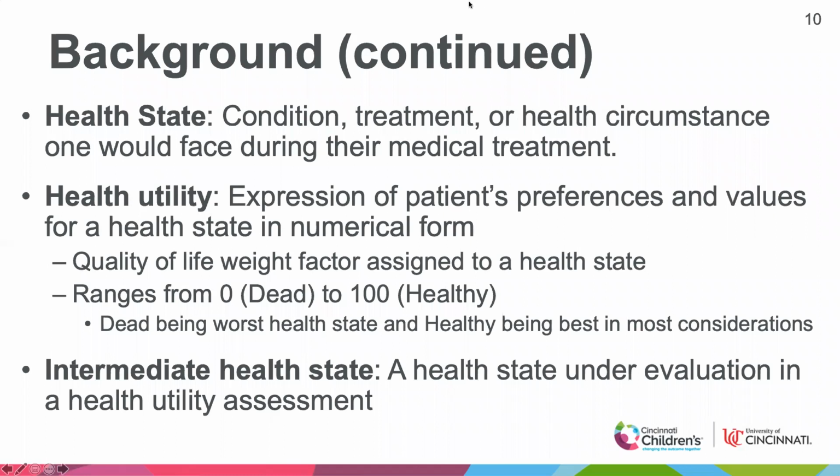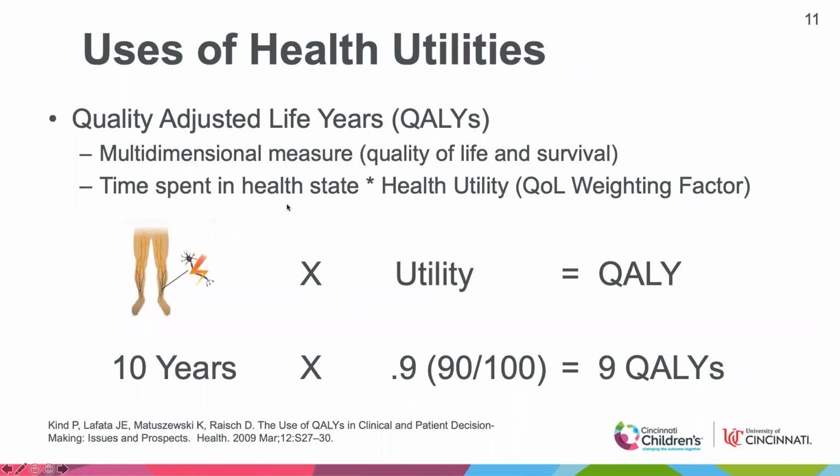So with this in mind, how can we see this applied? Well, we could use health utilities for quality adjusted life years, which are multidimensional measures of quality of life and survival, where in this case we're going to look at time spent in a health state. This health state is diabetic neuropathy, where because of diabetes you're having nerve damage that makes you feel like you have pins and needles in your legs, and you're having that for 10 years.